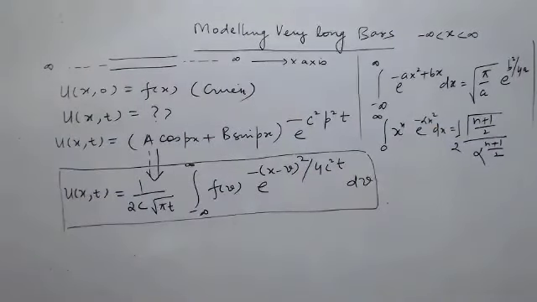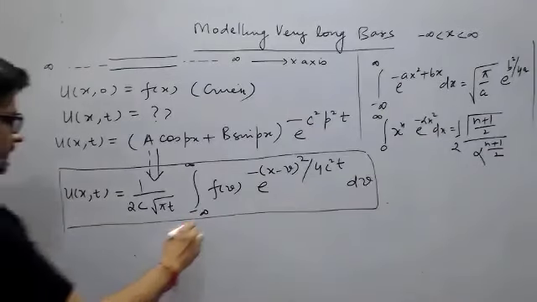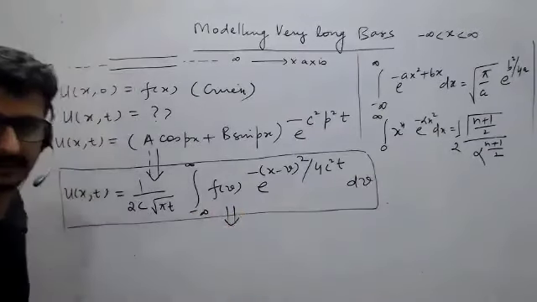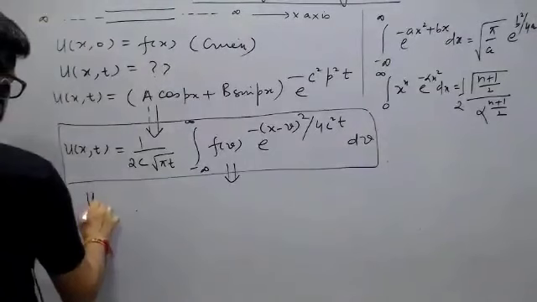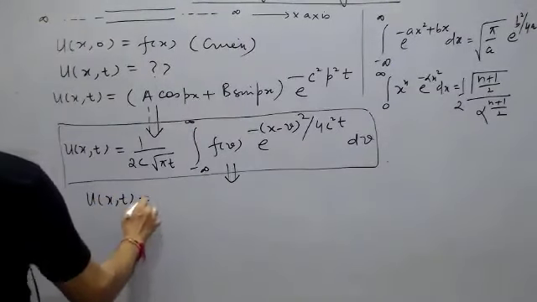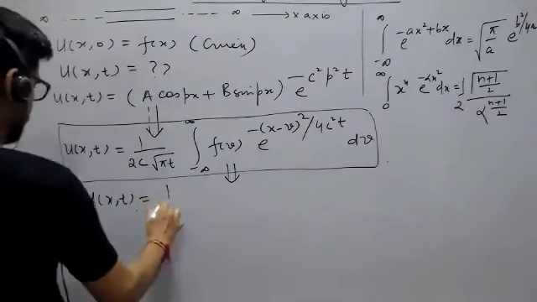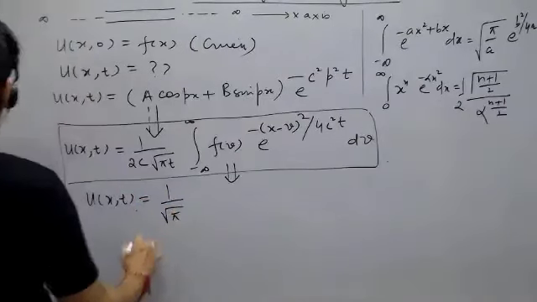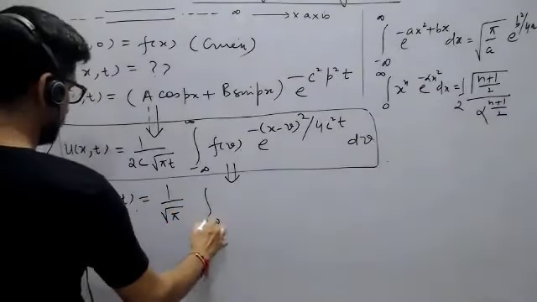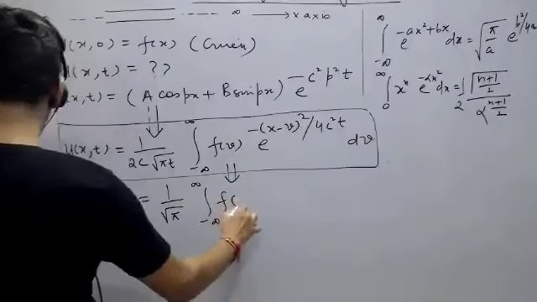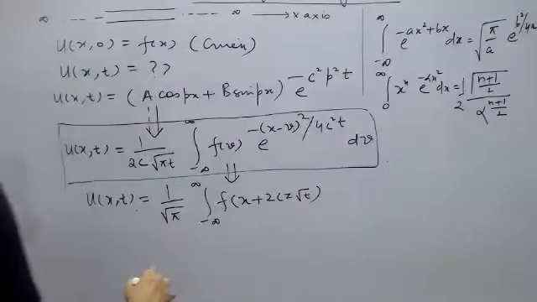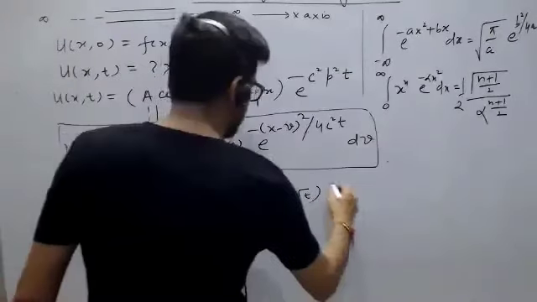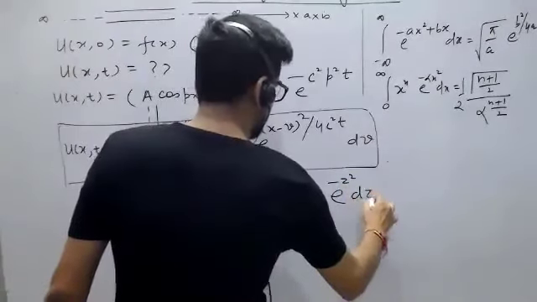And there is further simplification of this, and that you will definitely remember, the simplified version, and that is given by u(x,t) is equal to 1 upon, here only root pi remains, integral from minus infinity to plus infinity f of (x plus 2c z under root t) e to the power minus z square dz.